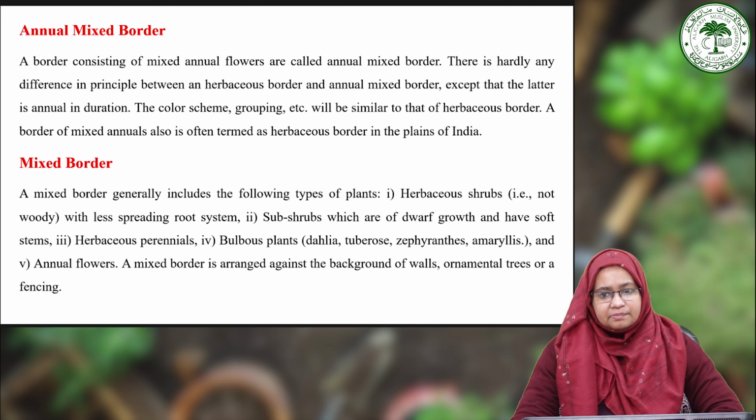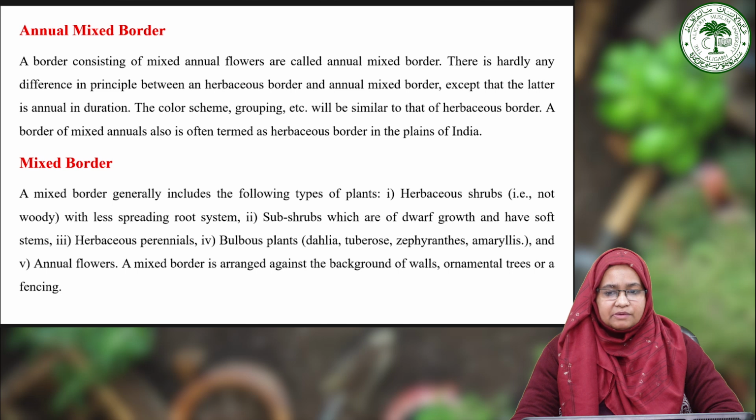A mixed border typically incorporates a variety of plant types. First, herbaceous shrubs, which have non-woody stems and a less spreading root system. Second is shrubs characterized by dwarf growth and soft stem. And the third is herbaceous perennial plants that live for multiple growing seasons.